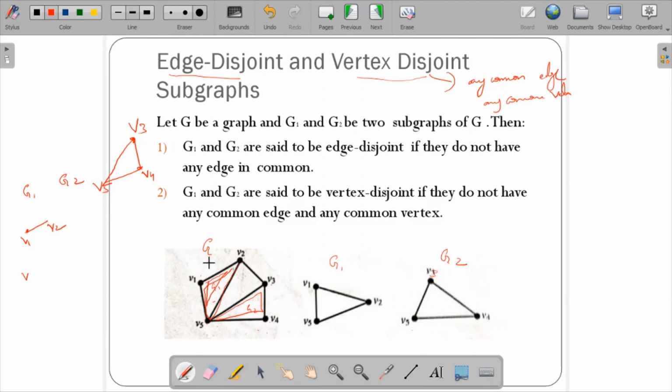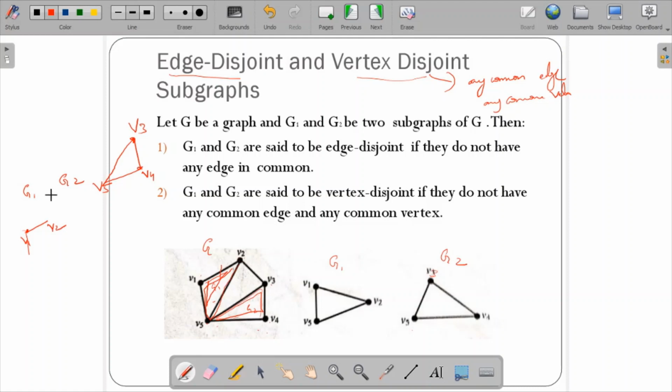This is one graph, and from this I just took V1 and V2. If you see over here, these vertices are not repeating, so they are vertex disjoint, and they do not have any common edge between them. If you put here V1 to V5, that means the definition goes false. So we cannot put V1 to V5. We can just put V1 to V2.